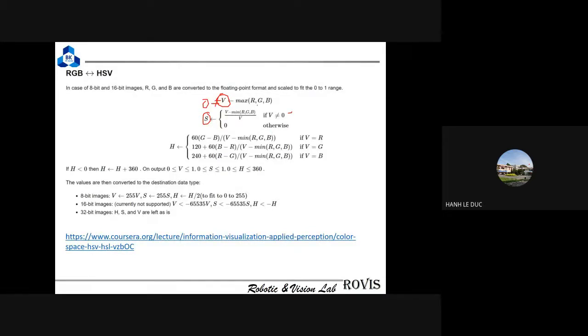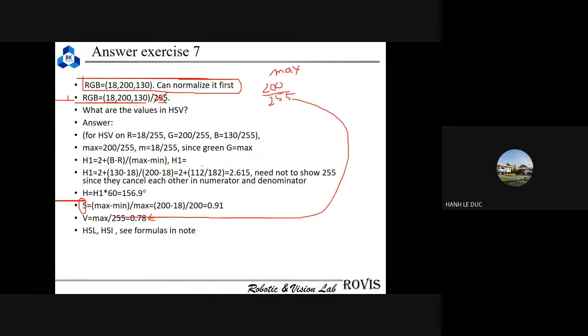We find the min here, so this equation is max minus min, divided by max. So we have this number. So we have V and S.